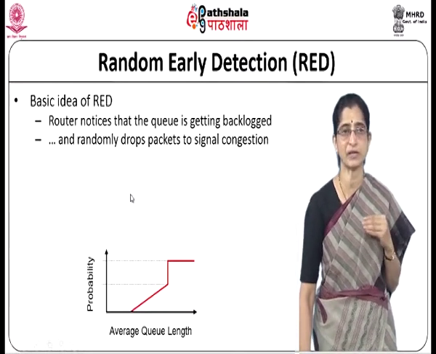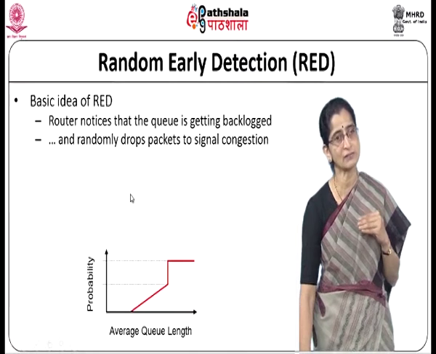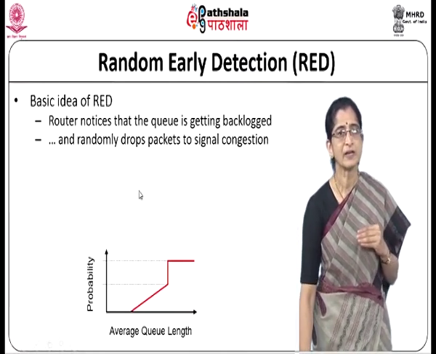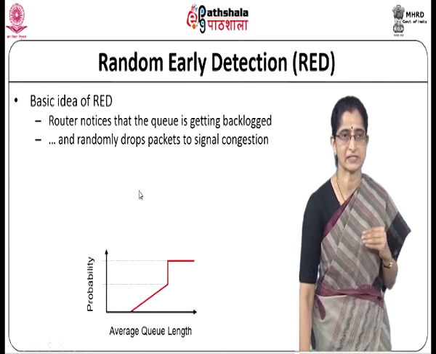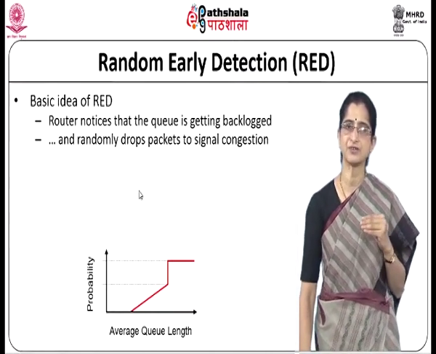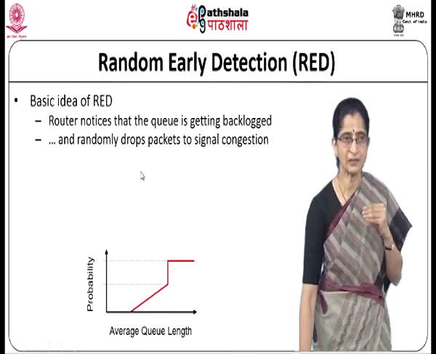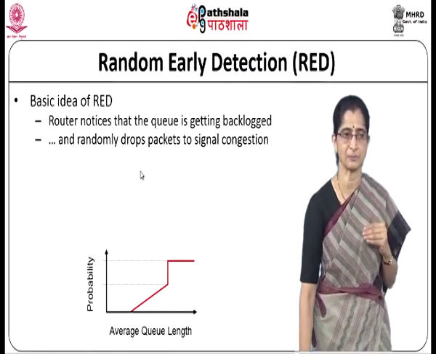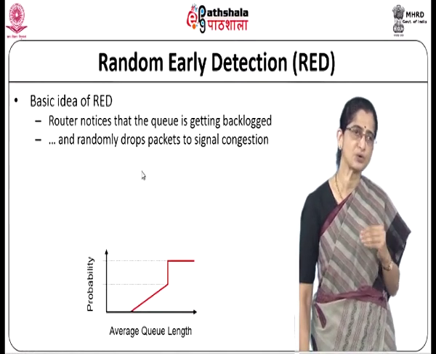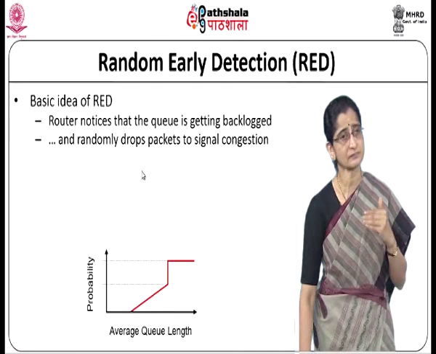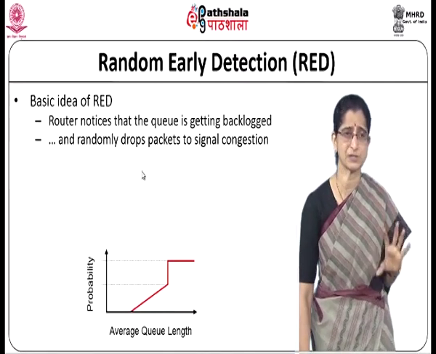There is no direct mechanism to inform that. So what the router does when running RED is randomly drop packets. A packet drop is a signal of congestion for TCP. So the moment the router notices that the queue is getting backlogged, fuller and fuller, it randomly drops packets.